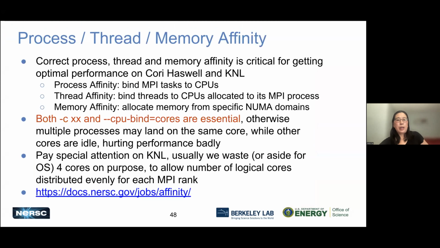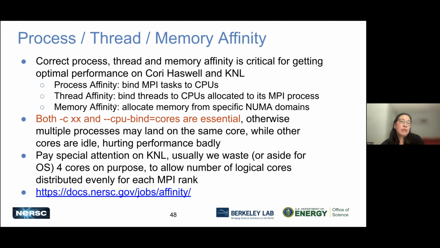So this is the page here. I mentioned job affinity. It has formulas for how to calculate the -c values, and also gives a definition. The process affinity is binding MPI tasks to CPUs. The thread affinity is binding threads to those CPUs that have been allocated to its parent MPI process.